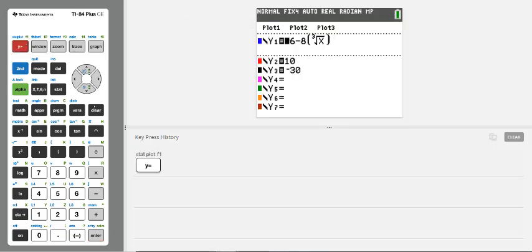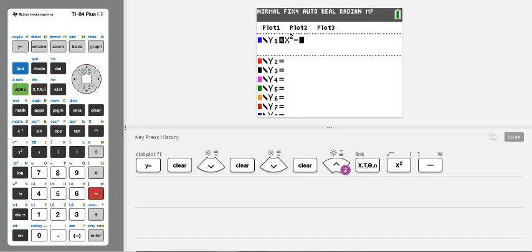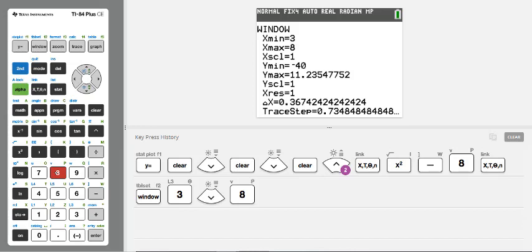Y equals clear, clear, clear. So I'm going x squared minus 8x. I'm going to go in window 3 to 8. That's the trick. Okay, so it's only going to give me my X values from 3 to 8.